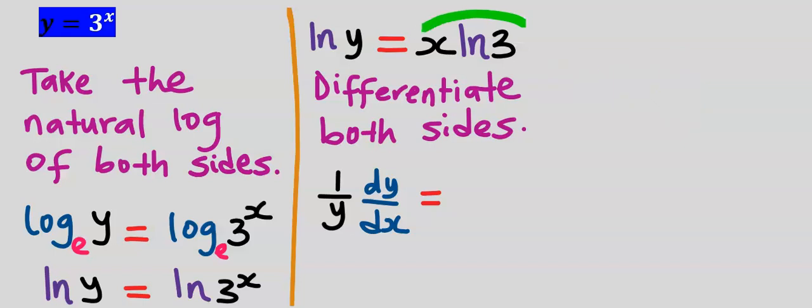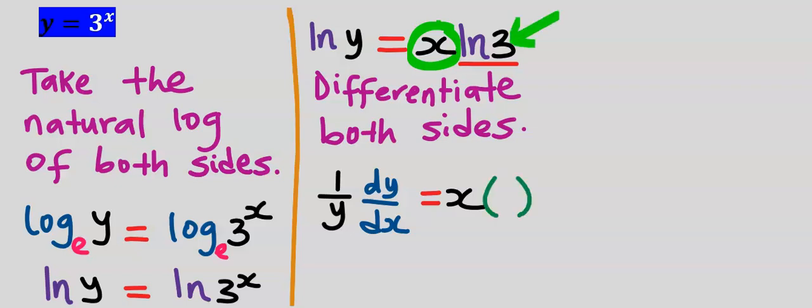Next, we're going to differentiate this using product rule. Remember, x is multiplying natural log of 3. Next, keep x constant. Next, differentiate the natural log of 3. 3 is a constant, and when you differentiate the natural log of a constant, you're going to get 0.